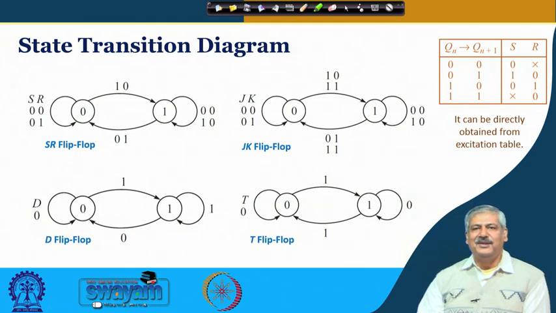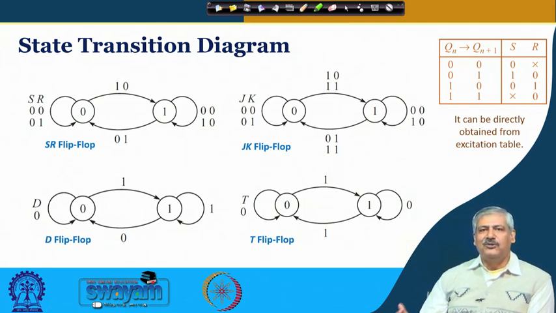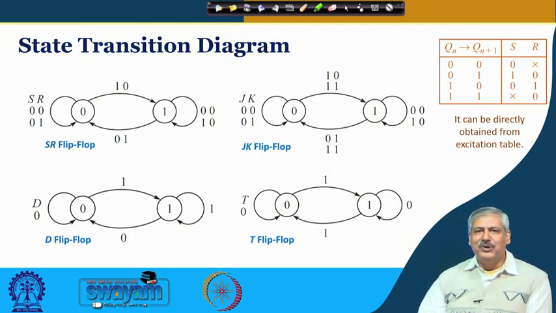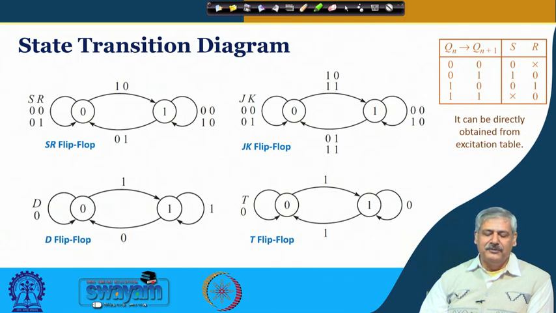Okay. Now, the excitation table, whatever we have seen there, we can put in the form of a state transition diagram. This is another way of visualizing what is happening in a flip flop. For a particular flip flop, we have got two states, because it stores 1 bit of information: the state when the output is 1 and the state when the output is 0.